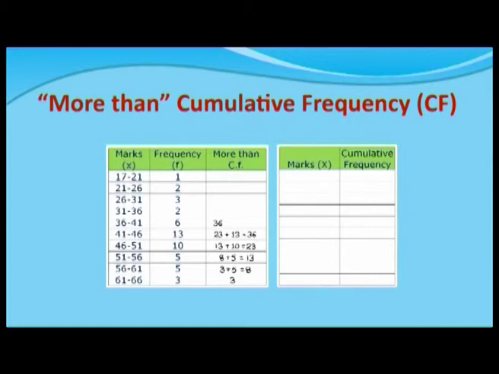The CF for the next lower range 51 to 56 is the sum of the CF of the range 56 to 61, 8, and the frequency of the range 51 to 56, which is 5, equal to 13. Proceeding in a similar manner, we can populate the CF for all the ranges. The resultant CF is shown in a new table with the range values represented as more than x.